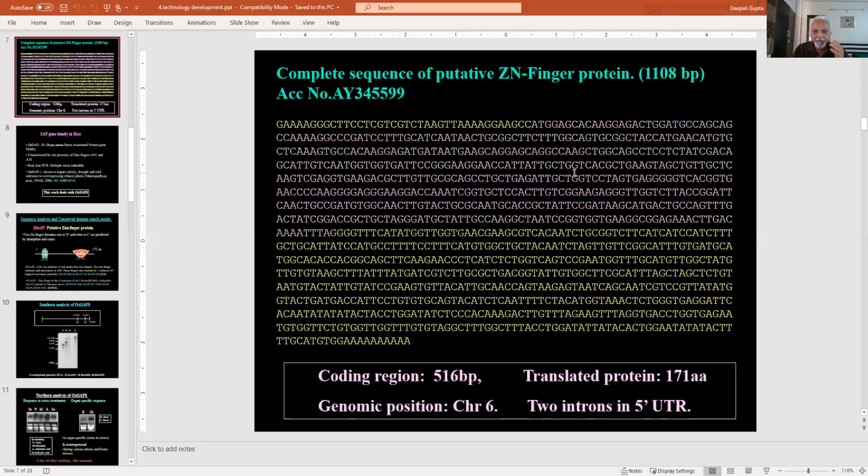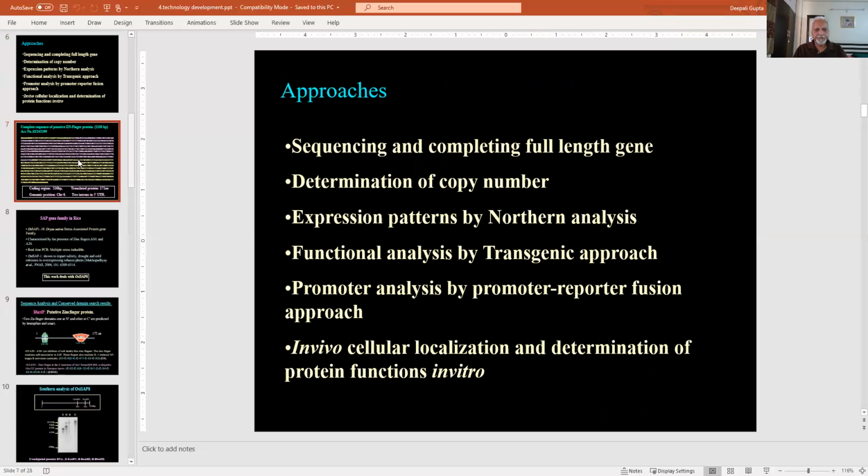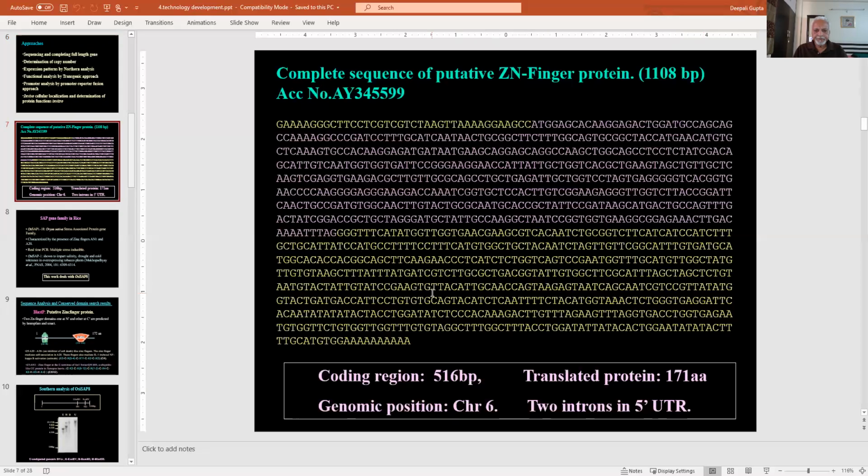Further, when we tried to annotate this sequence onto the rice chromosome, it is located on chromosome 6 of the rice genome, and it has two introns, when we look at the intron-exon composition.